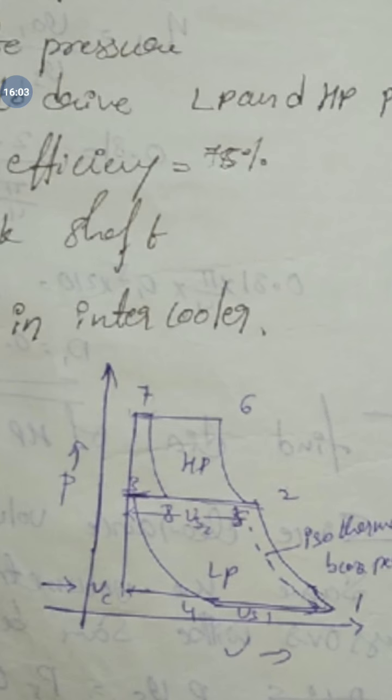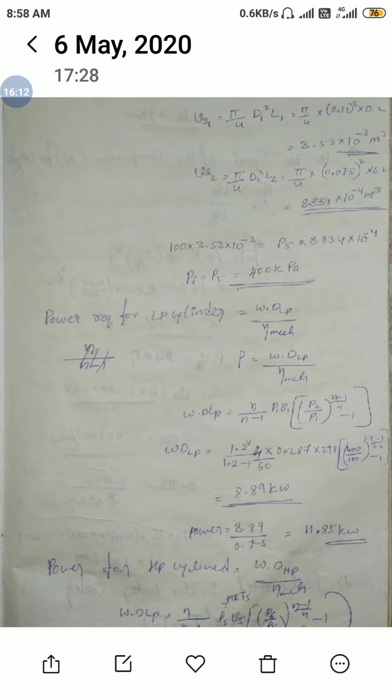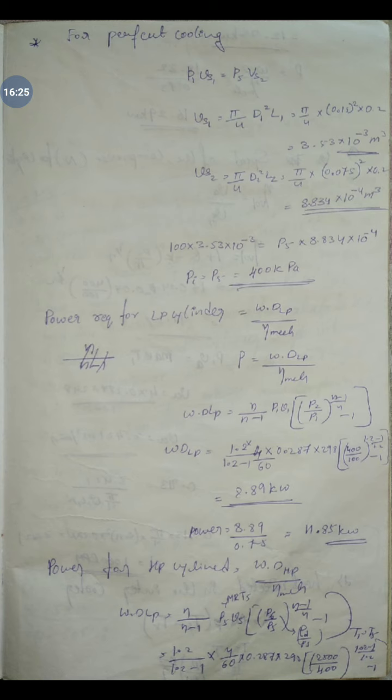So the power required to drive in this cylinder is given by, it starts from the point 5, so it is given by n by n minus 1, P5 V5 in the bracket, delivery pressure is P6 divided by P5, it is starting from P5. So it is P6 by P5 to the power of n minus 1 by n, minus 1.